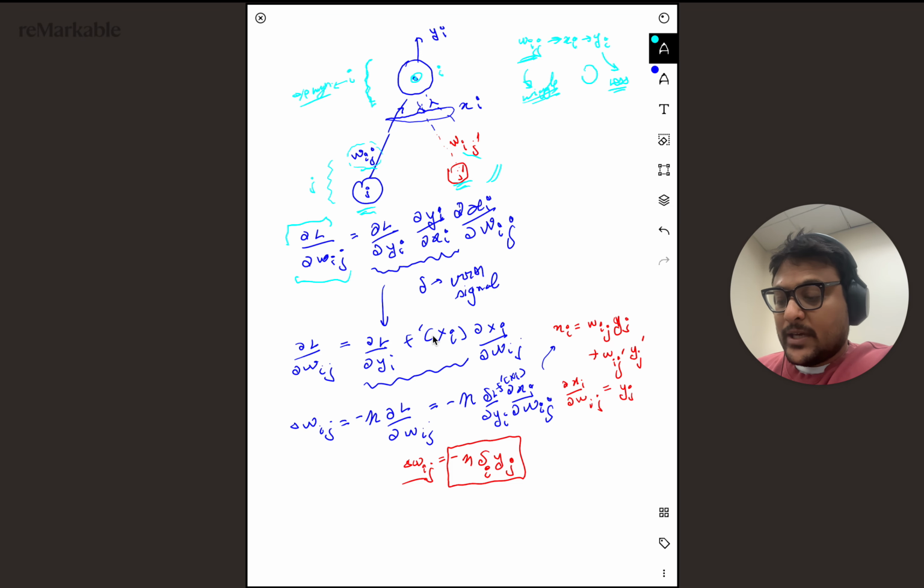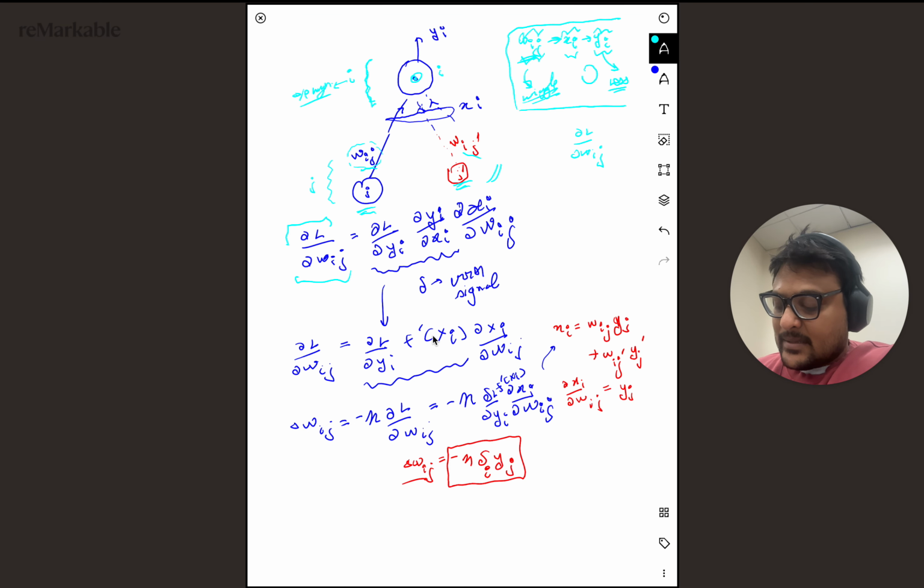If you look at this computation graph, you can calculate del L by del Wij by using the chain rule. Del L by del Wij is what happens to the loss when you wiggle Y, then what happens to Y if you wiggle X, and then what happens to X if you wiggle the weight.